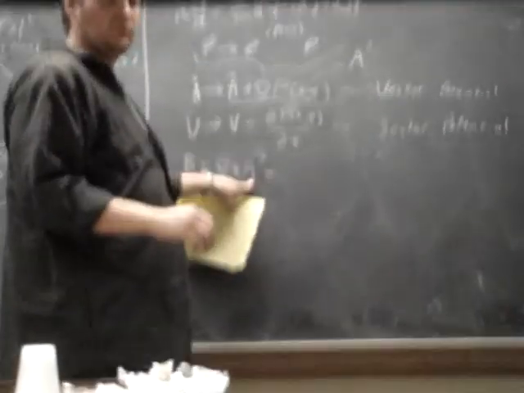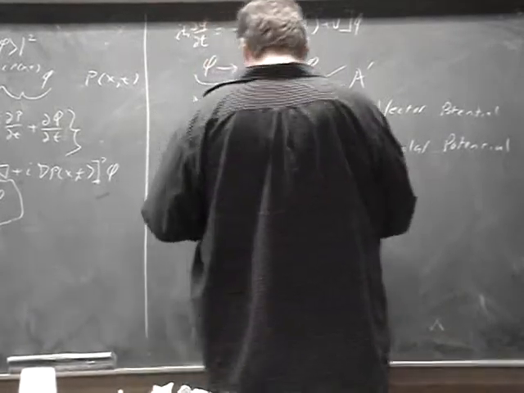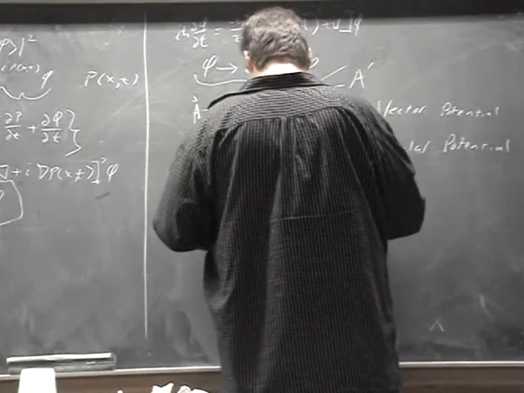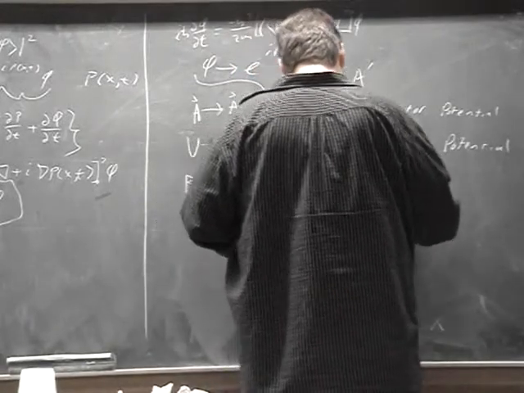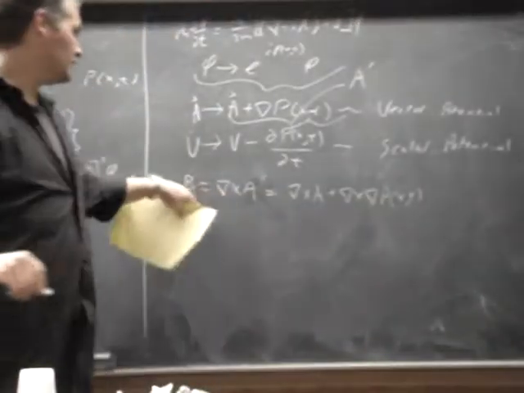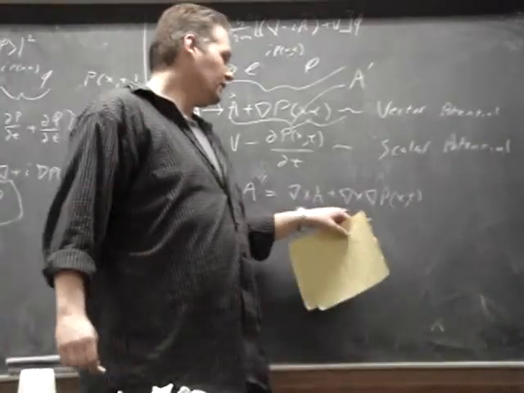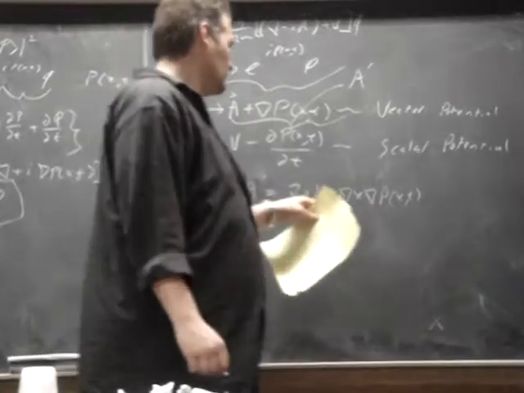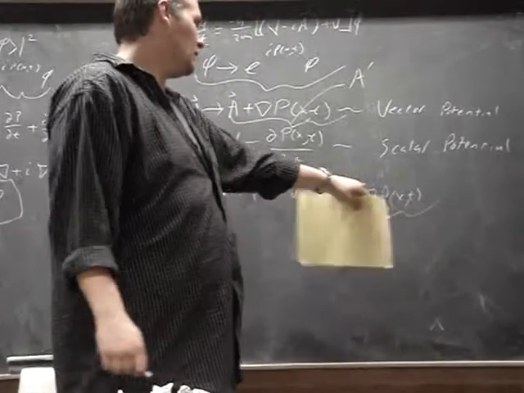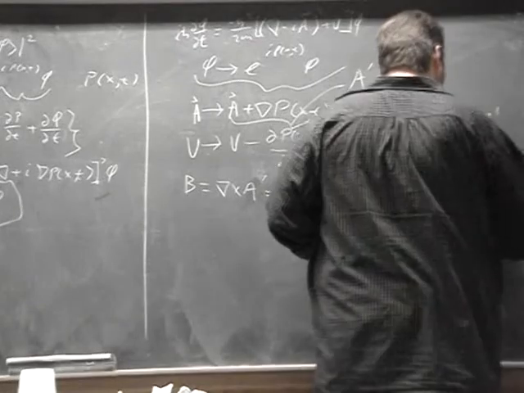B should still be this if it's preserved. When you plug in the A prime, you get del cross A plus del cross the gradient of P. The curl of the gradient is 0. So this just ends up giving us back the magnetic field.